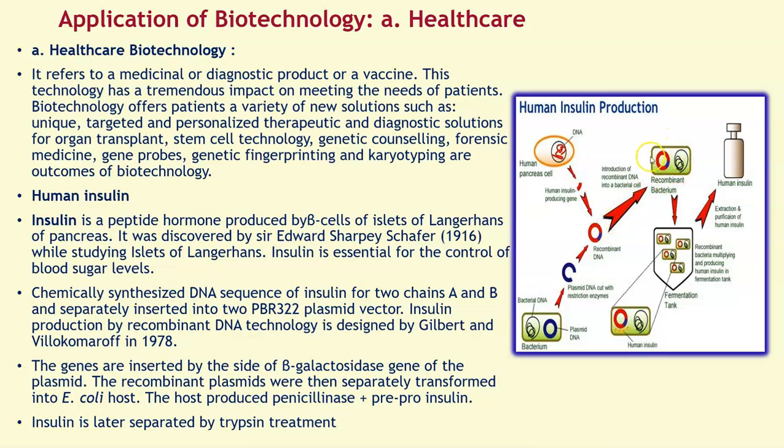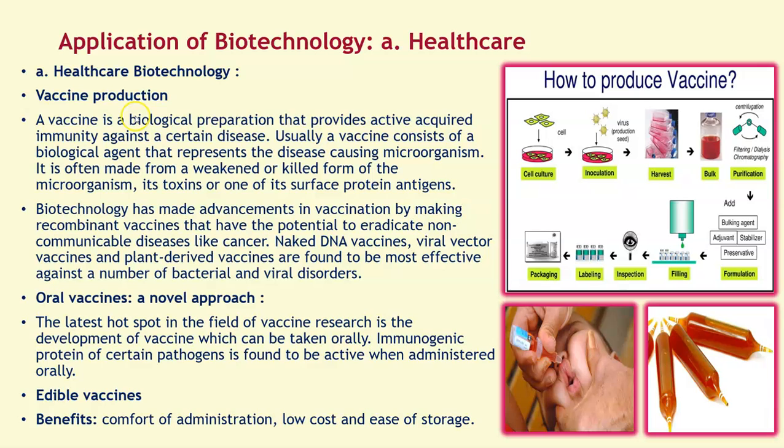Then this plasmid is allowed to enter into the bacterium. So we have the recombinant bacterium which is allowed to multiply and produce the human insulin in the fermentation tanks. So once the insulin is produced, it is extracted and purified, and after the purification process the human insulin is ready for human use.